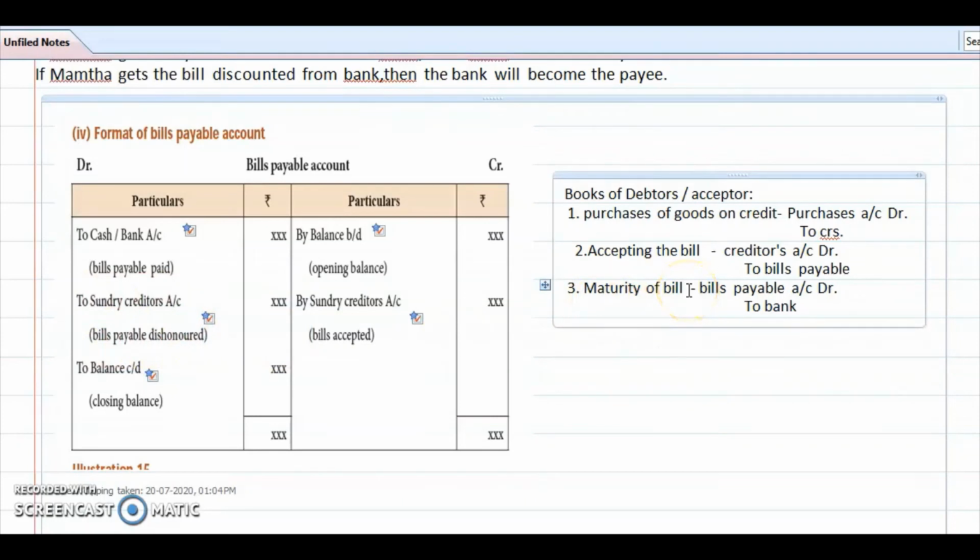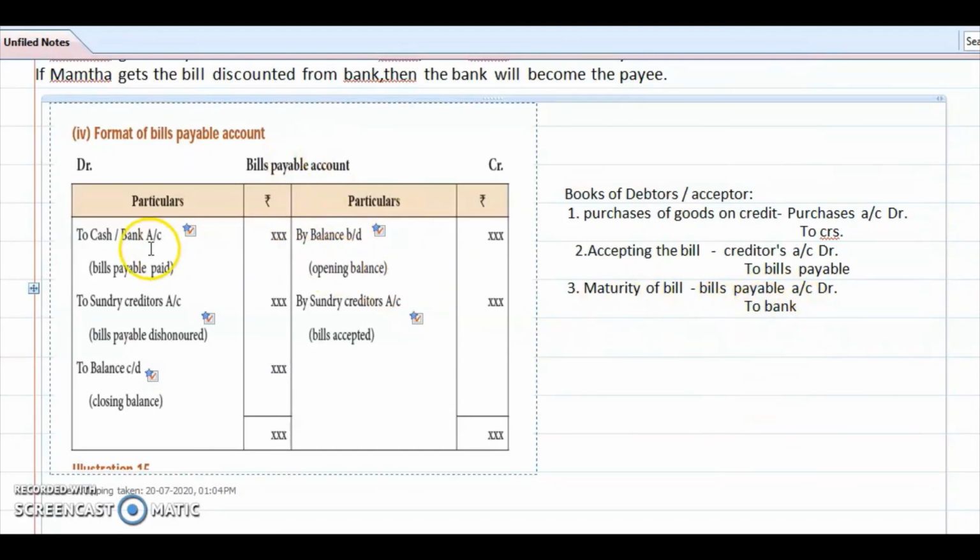On maturity, bills payable account debtor to bank account. In bills payable account, the other account is to bank, so you have to write it on the debit side, to cash or bank. So bills paid, we are paying the bill. Is it clear? So this is the case regarding bills payable account.